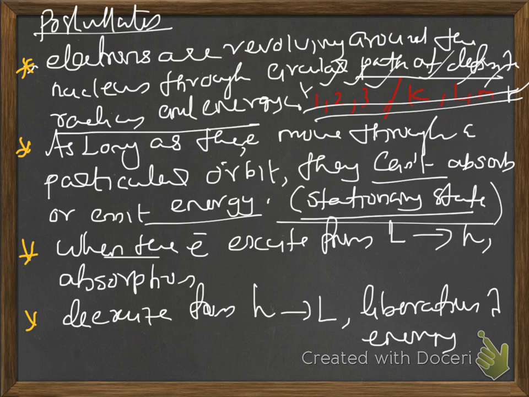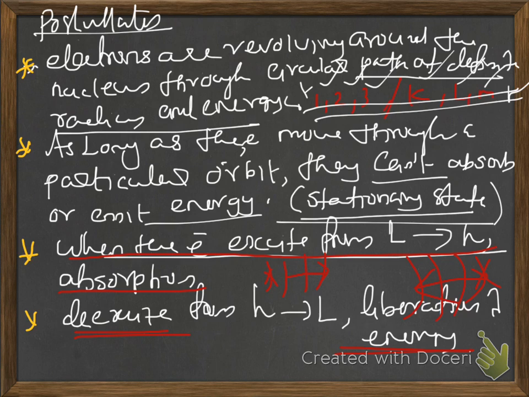Third one, when electron excite from lower to higher energy level, they have to absorb energy, when they move from lower to higher level. At the same time, when they move from, or de-excite from, higher to lower level, then liberation or emission of energy is possible.